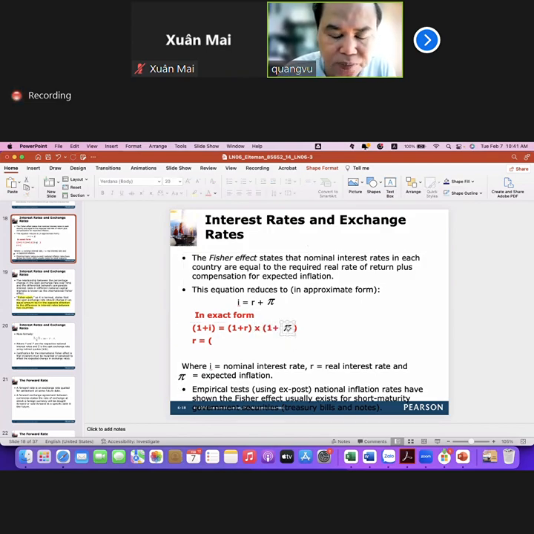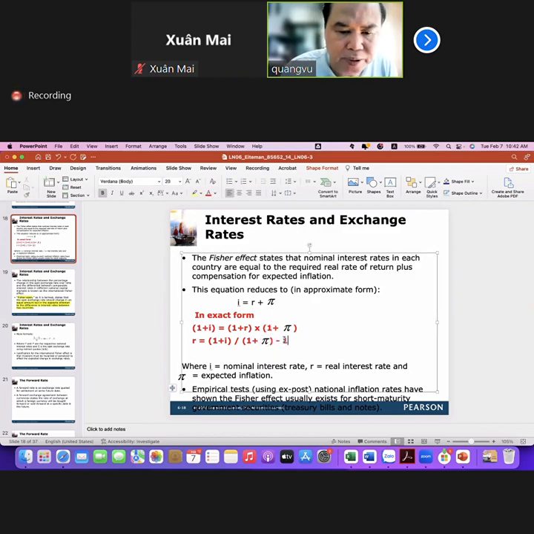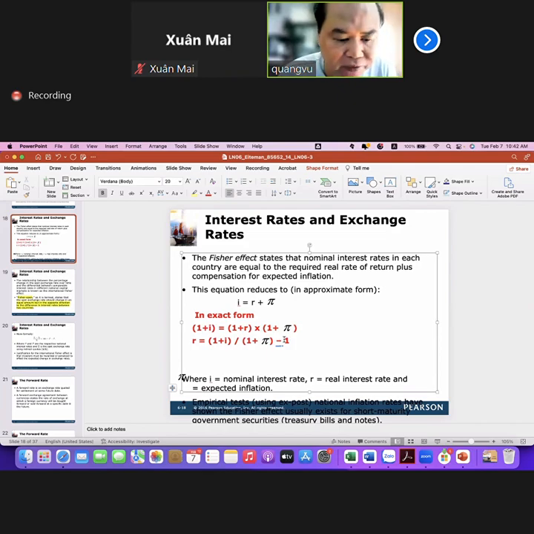Okay, multiply, and you have a real rate equal to (1 plus nominal rate) divided by (1 plus inflation rate), minus 1.